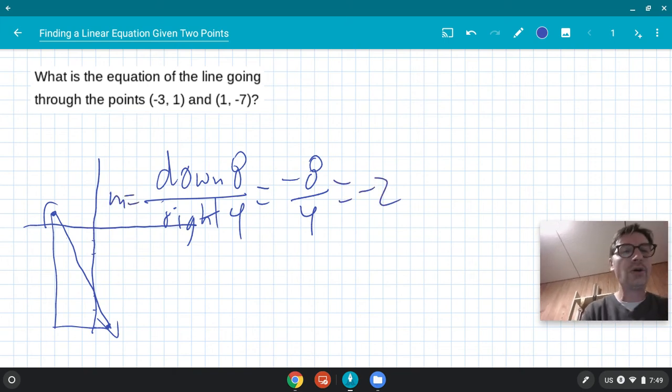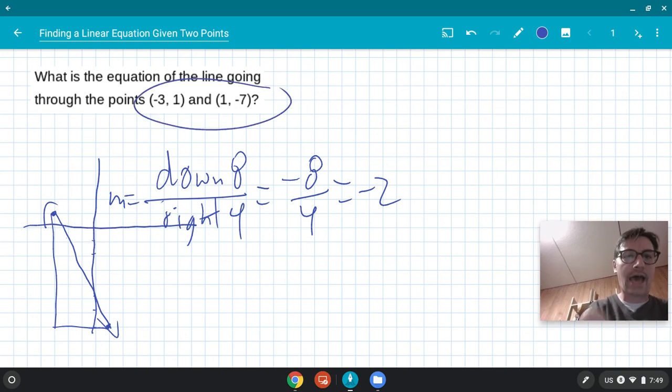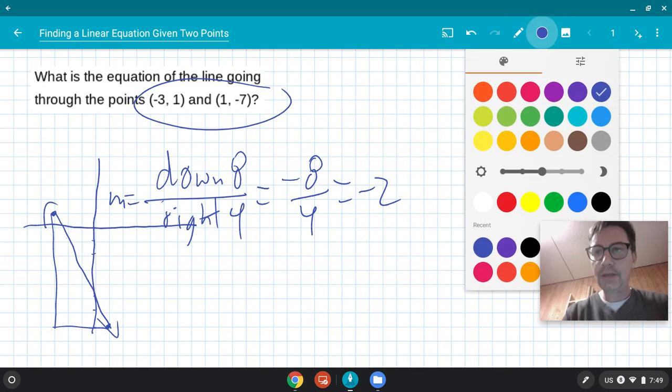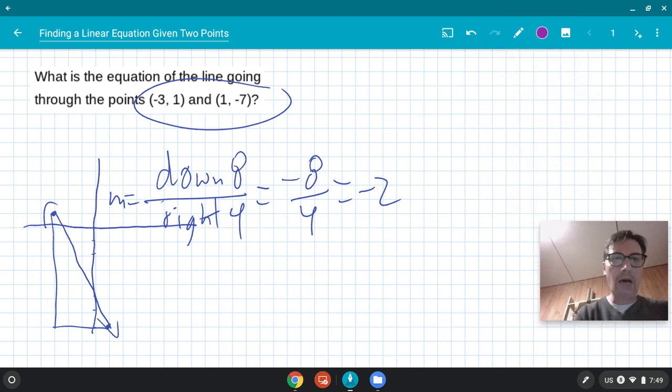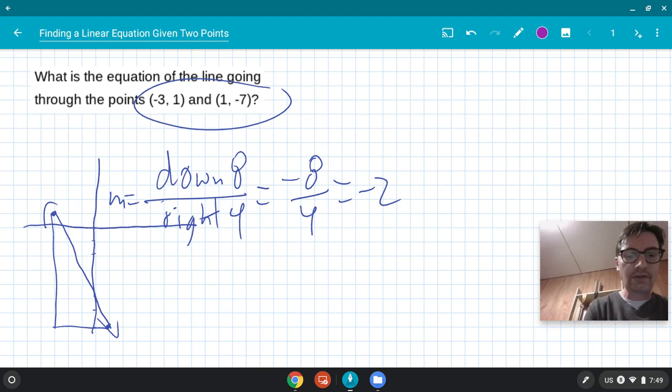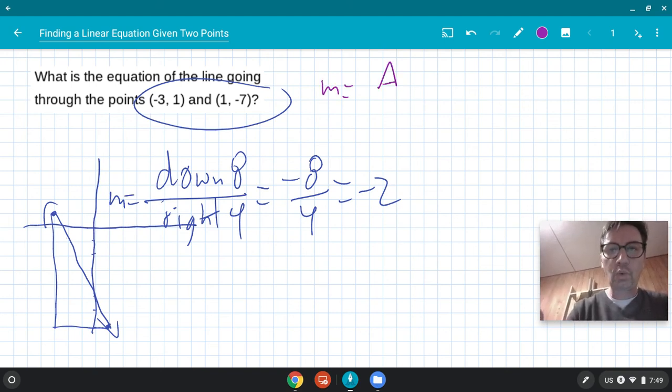The question is, without graphing it, could we get that, right? We know that the top number is up and down, and the bottom number is right and left. So if we think of it, remember the slope, it's the change in y over the change in x.